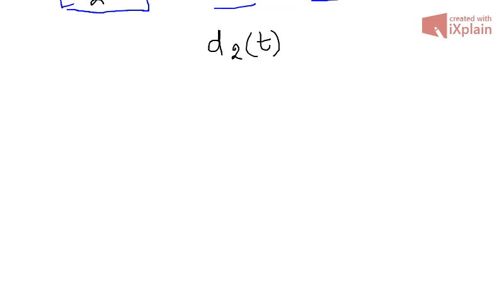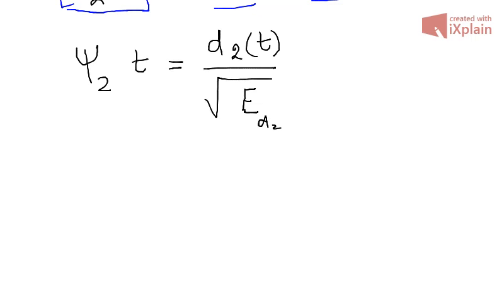If we divide this signal by the square root of its energy, suppose I denote it by ED2, the resultant signal would be orthonormal, because it is orthogonal to psi 1, and when divided by the square root of its energy, the energy of this resultant signal is unity.